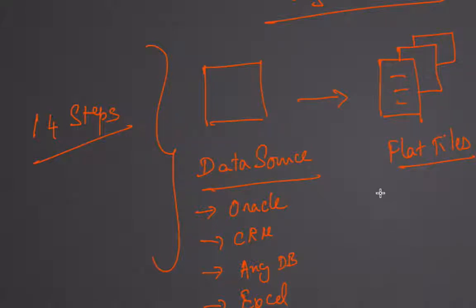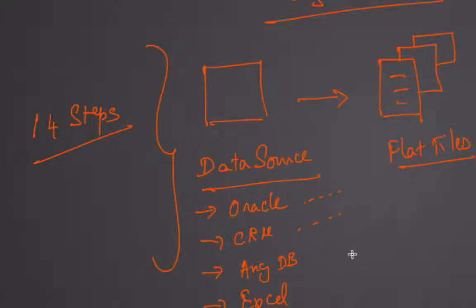Now, irrespective of your data source, if you remember one of our previous sessions, I said it doesn't matter what your data source is, LSMW can pull any kind of data into SAP. So how does LSMW do it? Well, LSMW cheats a little bit here. Although all kinds of data sources are supported, they are not really supported in their native format, meaning if there's an Oracle data source, SAP cannot directly pull the data out of Oracle or out of CRM.